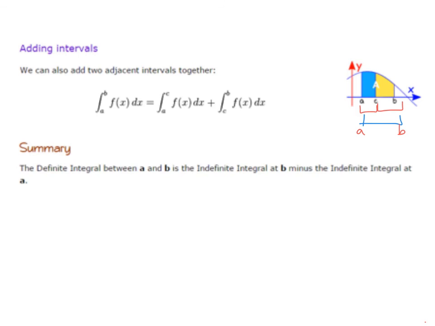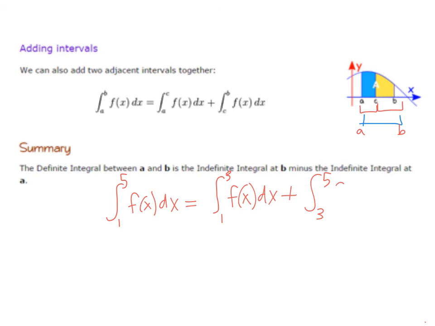All right, so for instance, if I had 1 to 5 of f of x dx, that's going to be equal to 1 to 3 f of x dx plus 3 to 5 f of x dx. So you could split them up. And so you could find this integral plus this integral, and it would equal the whole thing.